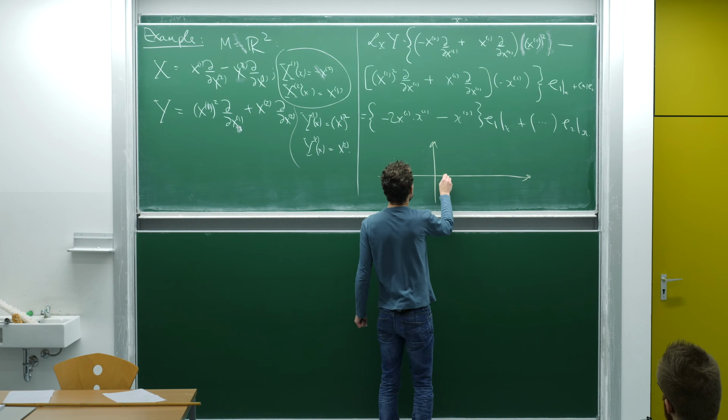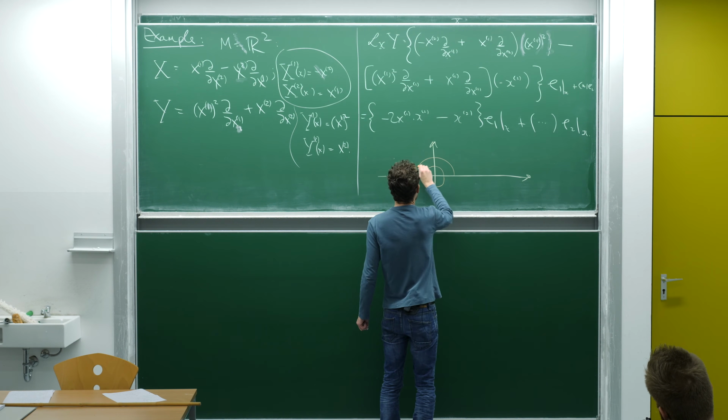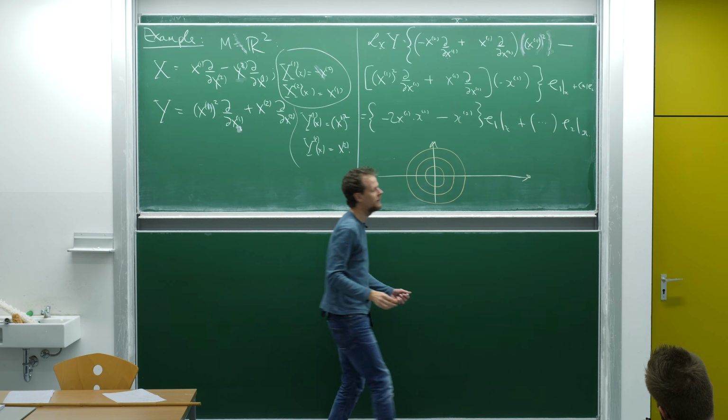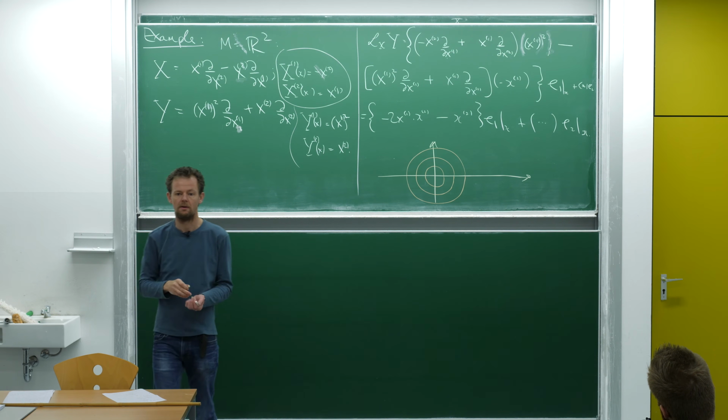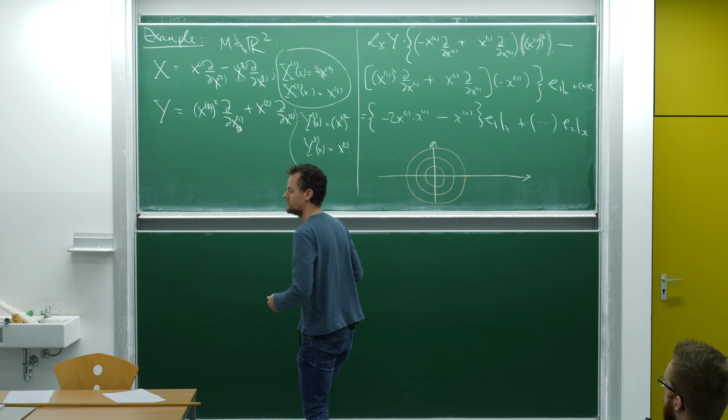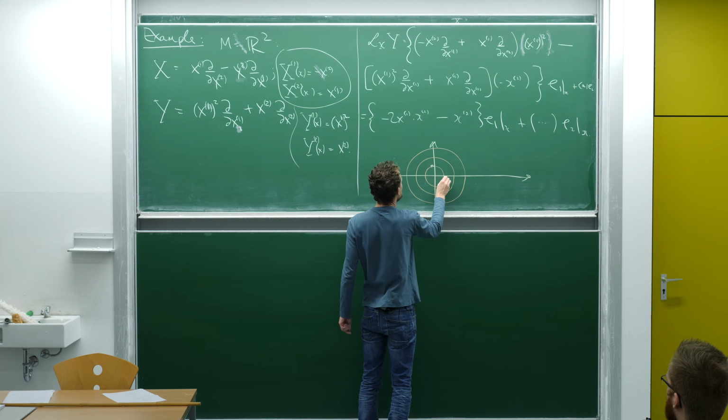The integral curves of the vector field x are circles. I hope I didn't mess up that. So the vector field x is this one where the vectors point like so.